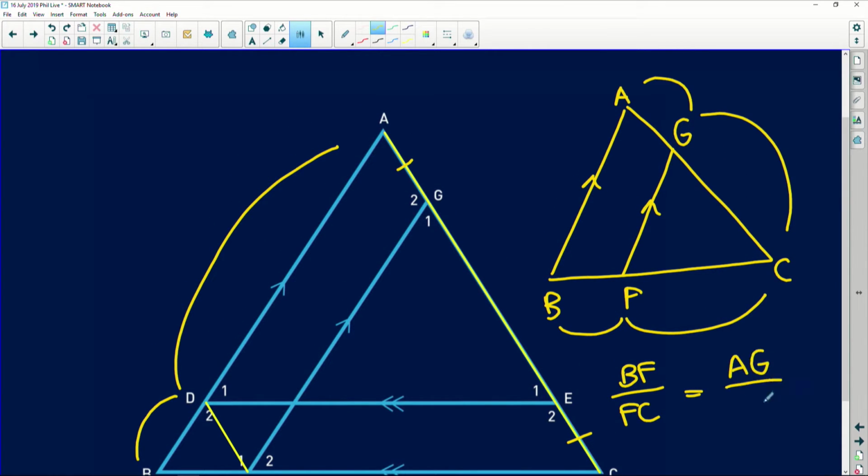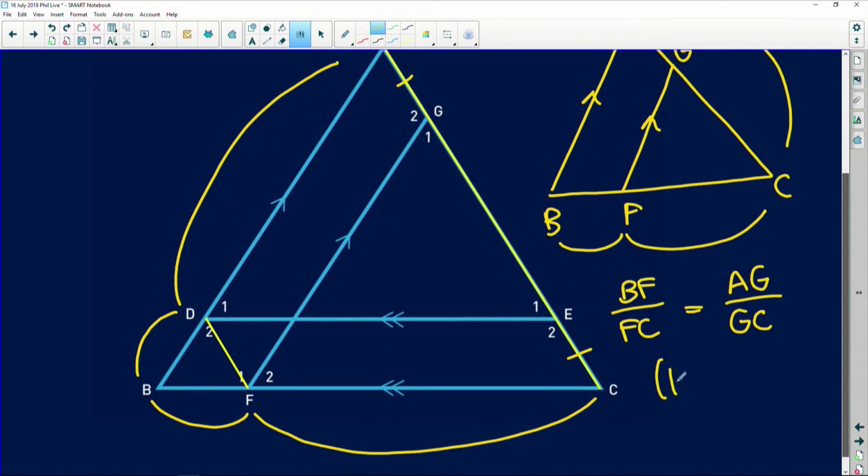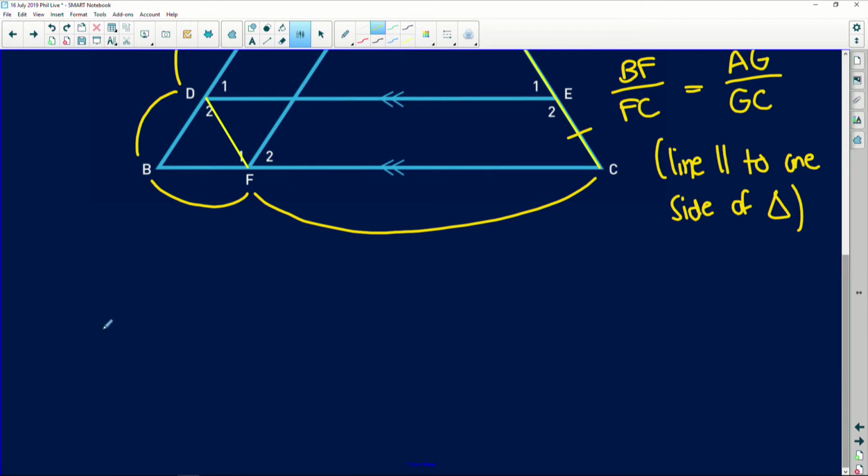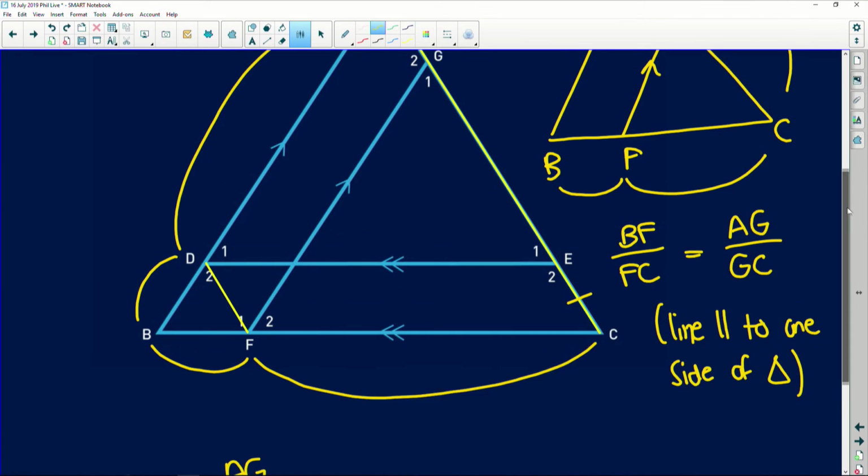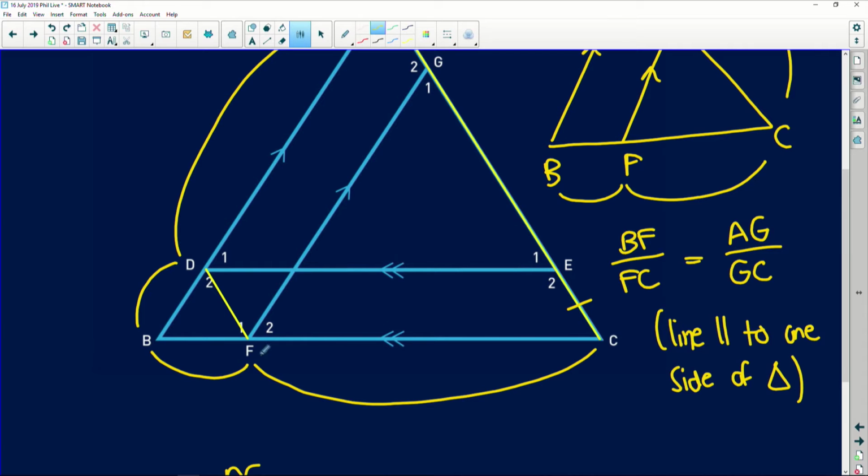AG over GC. Why? Because line drawn parallel to one side of the triangle. So we have one statement, BF over FC is equal to AG over GC. So we've dealt with the one ratio that we're trying to prove, BF over FC. We've got an expression for it.